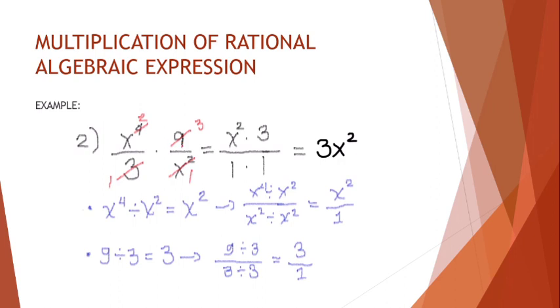The second one, as you can see here, may common factors sila such as x squared. So, kapag dinivide nyo yung x squared, sinusubtract nyo yung variable. So, x squared, then nag-1 na lang.